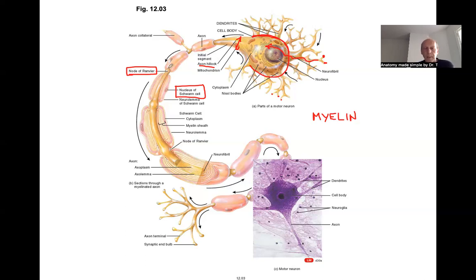And finally, when the electrical current arrives at the end of the axon, it is going to practically come to this kind of terminal end where each of these rounded ends at the synaptic end are called synaptic end bulbs, and they would likely contain lots of stored chemical substances that we call the neurotransmitter.